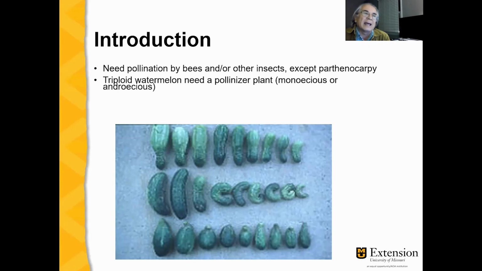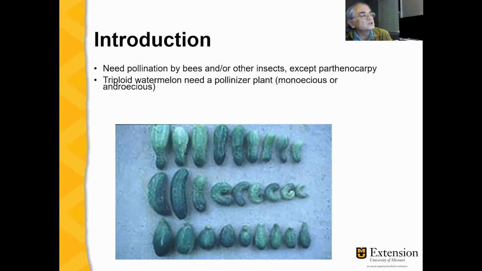A compact plant that produces a lot of male flowers, and for the cash crop, the triploid watermelon, you want it to produce a lot of female flowers that can be pollinated, so you will get a bumper crop. So that's why we talked before about understanding what monoecious and androecious are.